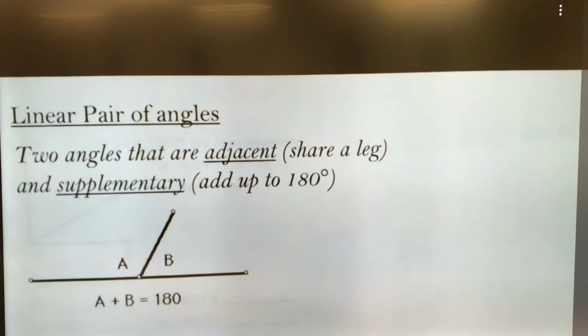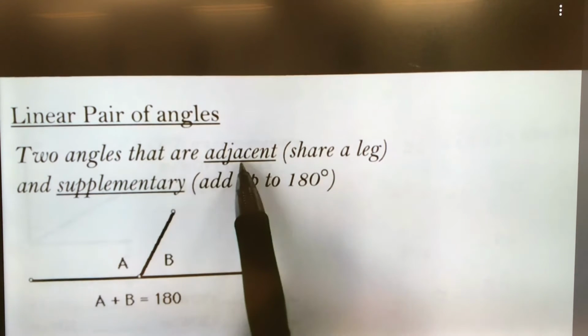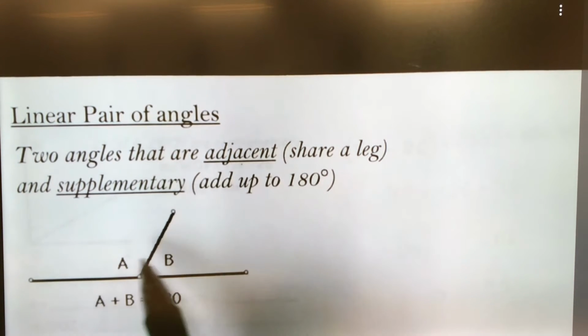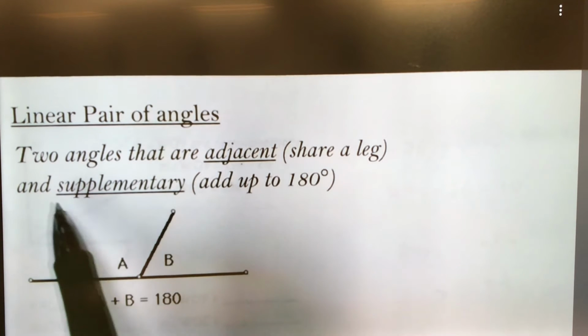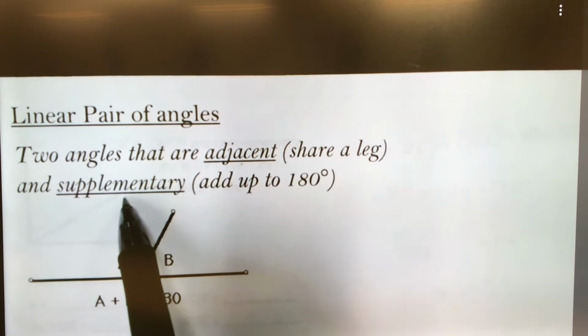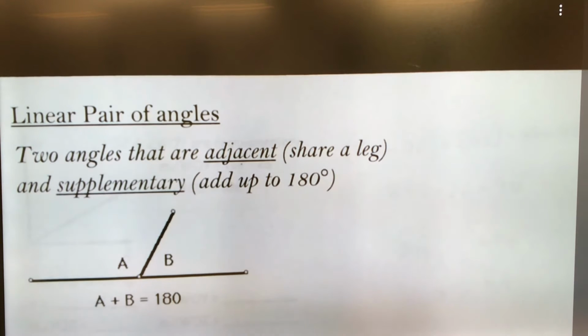So the next one is linear pair. A linear pair means two adjacent, that means two nearby, angles that add up to 180. Now you may be thinking, what is the difference between linear pair and supplementary?